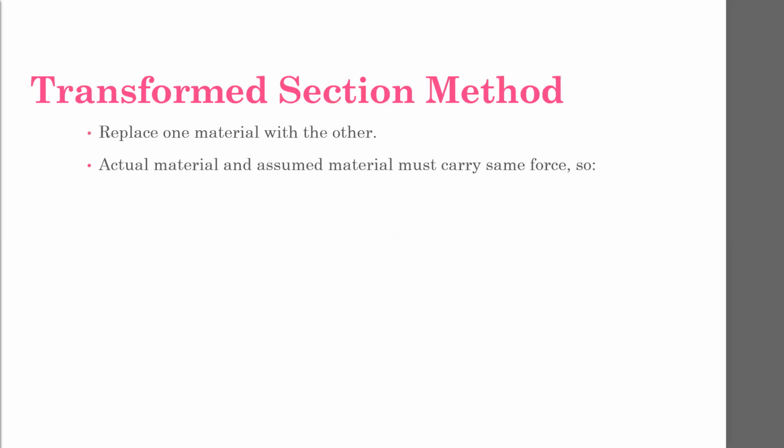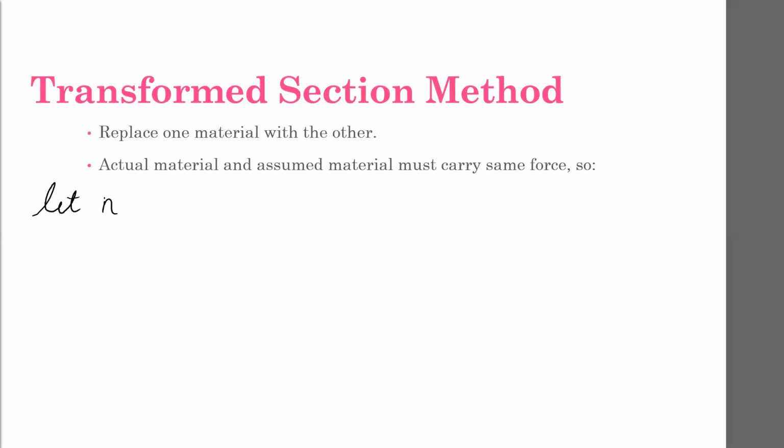So we're going to switch one material for the other so that we get an equivalent section that corresponds to the whole thing being of one material. And the new geometry should be such that the new area carries the same force as the old area. So I'll show you how we do this.